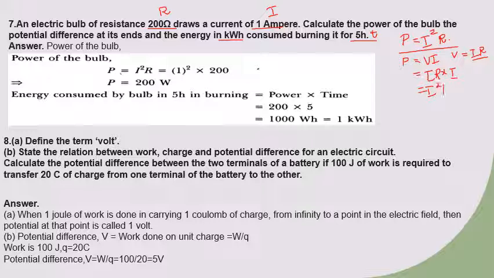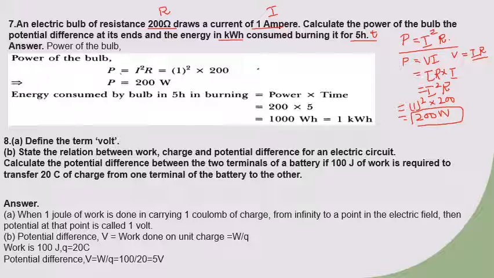Why have I used this formula? Because according to the question, I have been given the current, that is 1 ampere, and the resistance, that is 200 ohm. So if I multiply, I am getting I square into 200, which is nothing but 200 watt. Now this bulb burned for 5 hours.